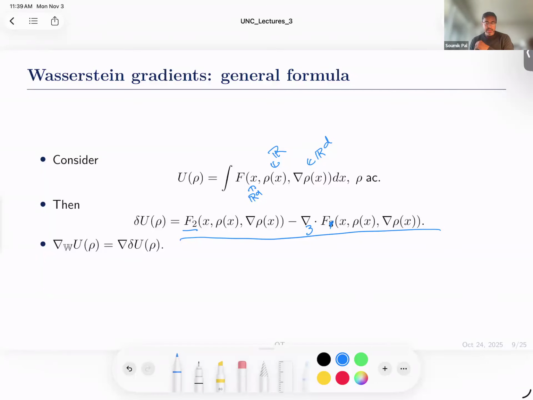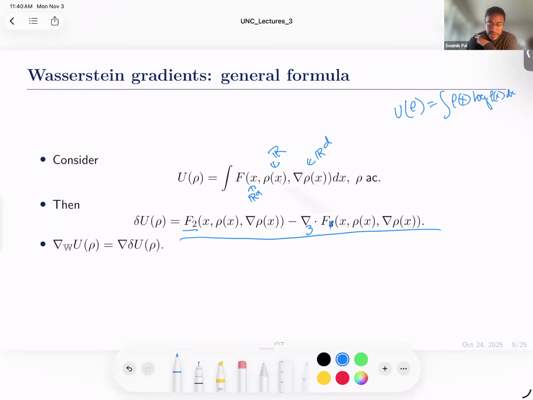All right. For a particular example, when I'm looking at my entropy function, so when U of rho is the integral of rho x log rho x dx, you can see here that there is no dependence on the function x.